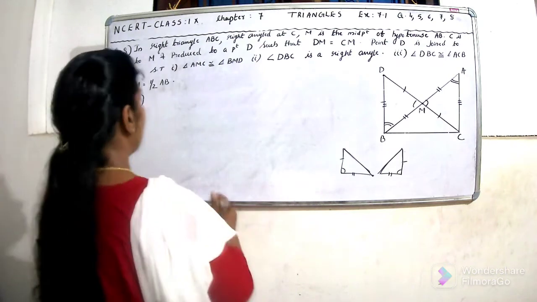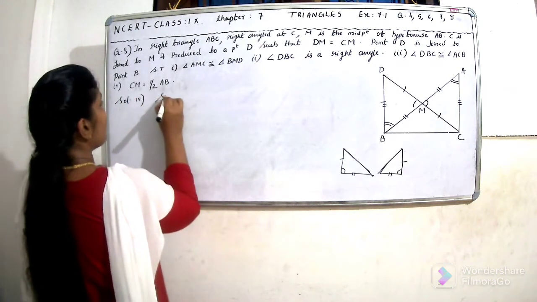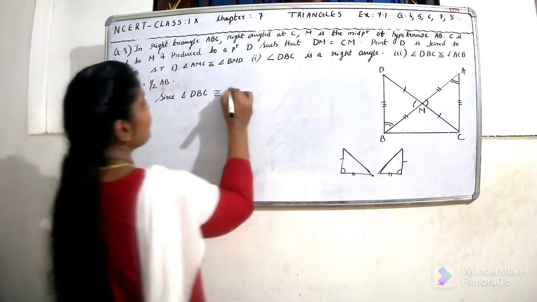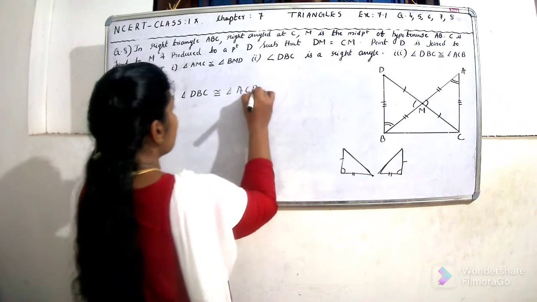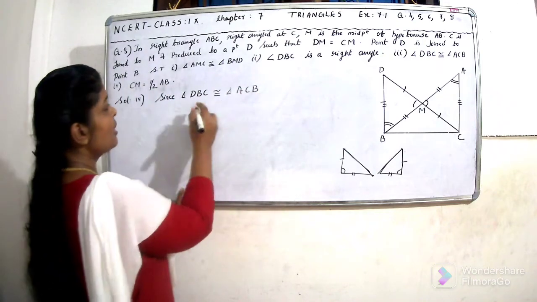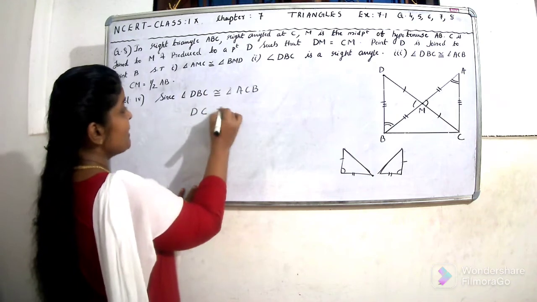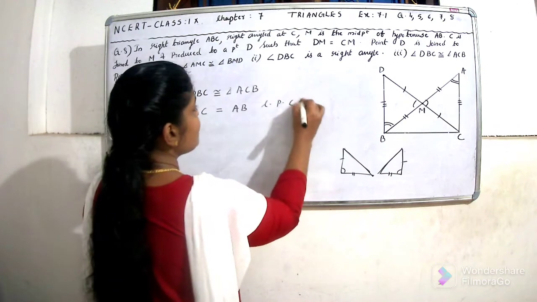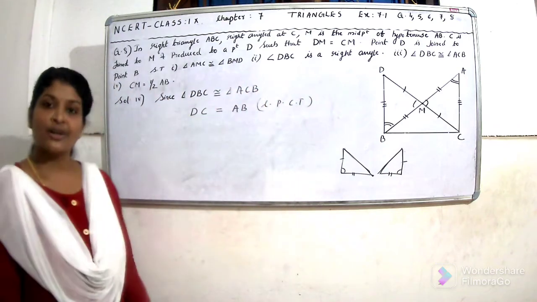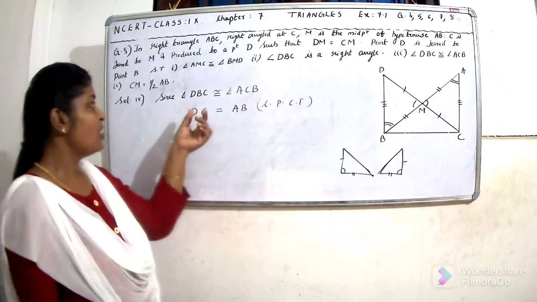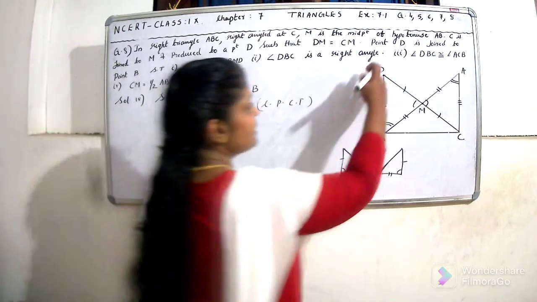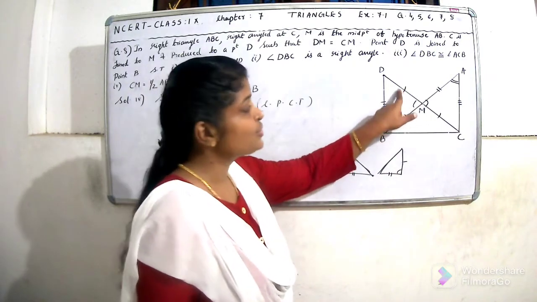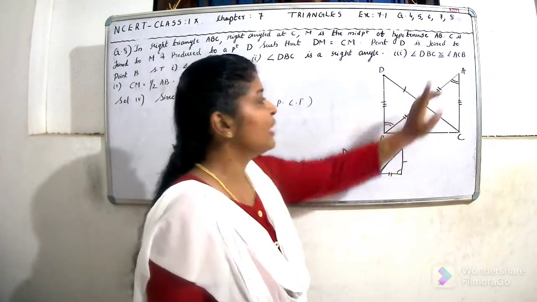Okay. So that we will write, since triangle DBC is congruent to triangle ACB, in these two triangles DC is equal to AB. What is the reason? CPCT, because already we proved that the two triangles are congruent. Now the side DC, M is the midpoint, and already we marked here these two lengths equal and these two lengths are equal.